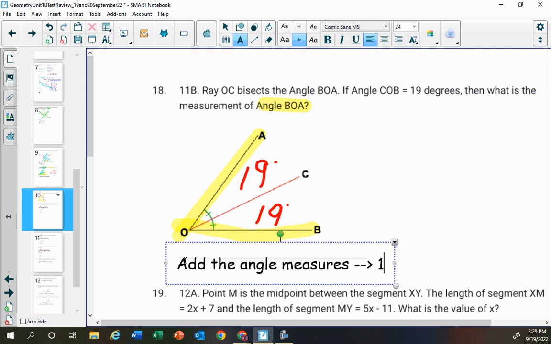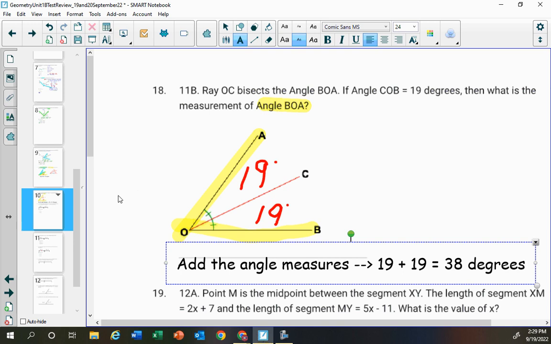So it's 19 plus 19 equals 38 degrees. That's all you do. Believe it or not, a lot more people mess this up. Add the two smaller parts together, and that's how you get that value.